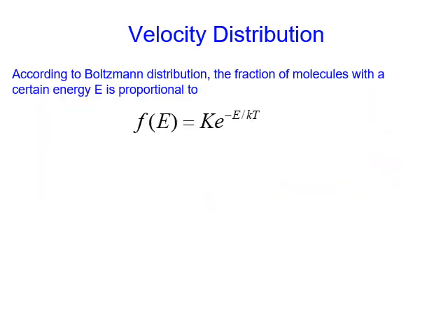The velocity distribution function is derived based on an equation called the Boltzmann distribution. The Boltzmann distribution is one of the most important equations from statistics.